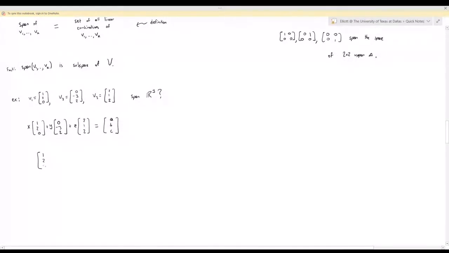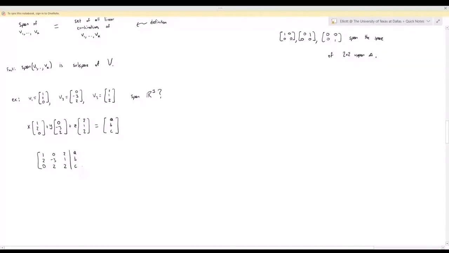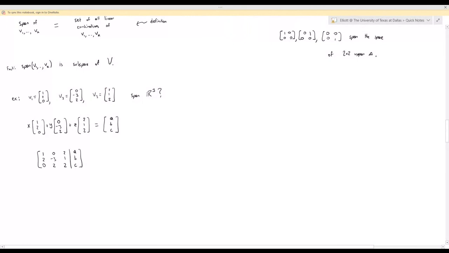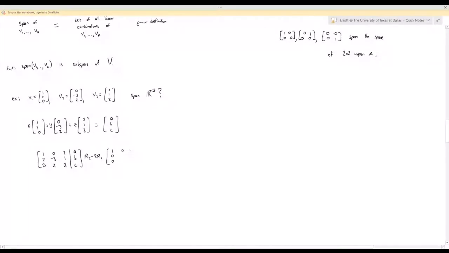So in this case, let me set up the augmented matrix real quick. And let's start trying to solve to see if we can find a solution or not. So here we'd start doing elimination. We'd probably start with row 2 minus 2 row 1. So when we do row 2 minus 2 row 1, that's a 0.